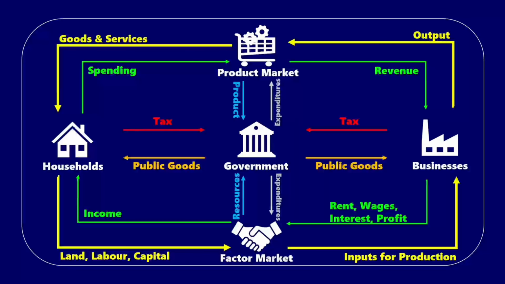In the factor market, the government uses resources too, like hiring workers or buying land for projects, and in the product market, it spends money on goods and services. This is government expenditure. So the full picture is real resources and goods flow one way, while the money flows the other way, and the government connects the entire system through taxes and spending.